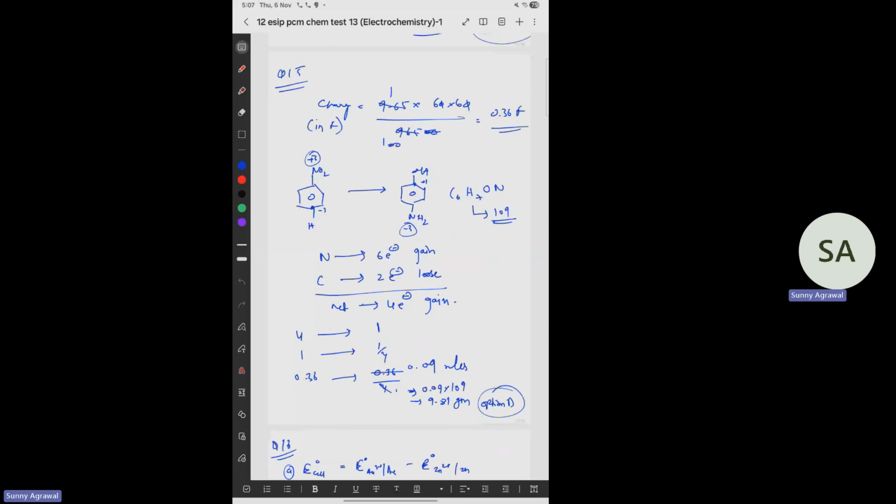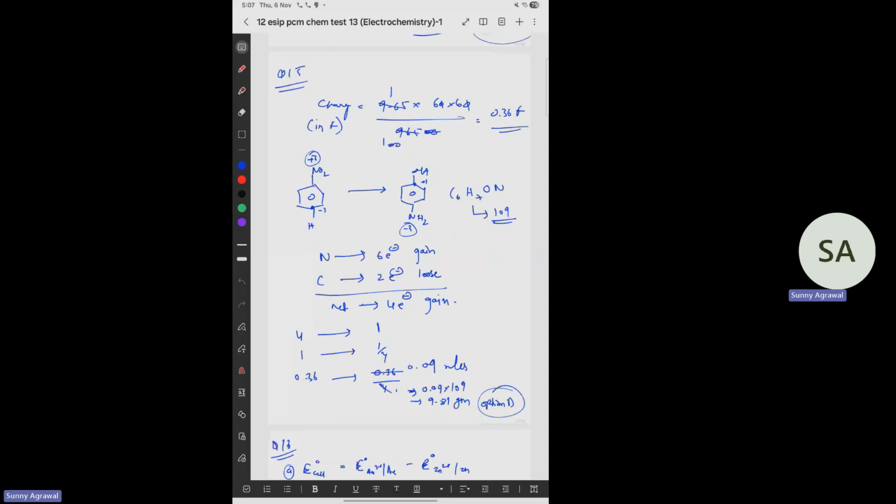Similarly, if you observe, the carbon at the para position of NO2 is at the -1 oxidation state, but after attachment of the OH group, it is at +1 oxidation state. Here 2 electrons are lost during this process. So the overall molecule gained 4 electrons during the reaction.